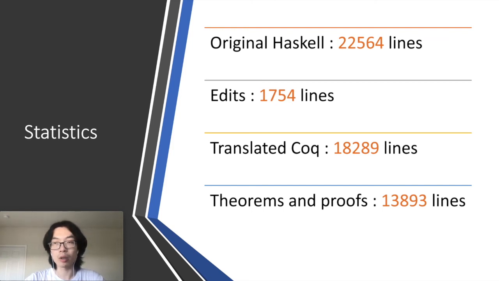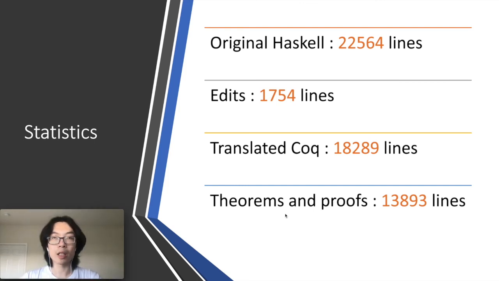The line count is smaller than the original Haskell code because of our use of edits, including some simplifications or even axiomatization. And in proving and reasoning about the properties we care about, we have produced over 13,000 lines of theorems and proofs.